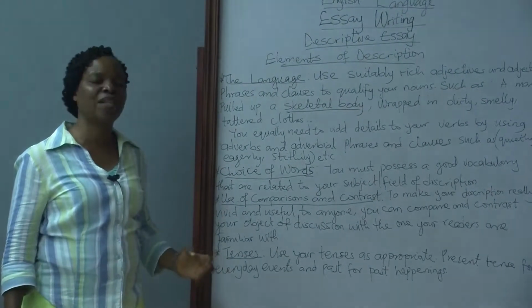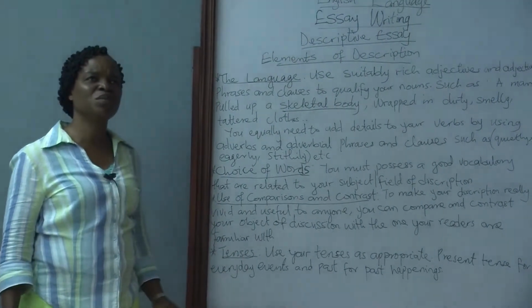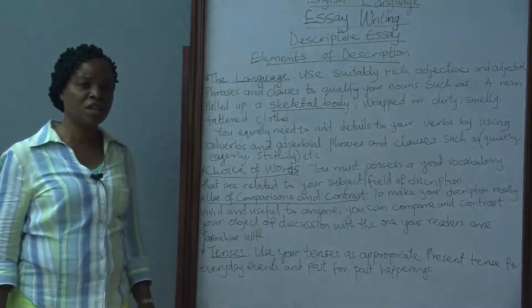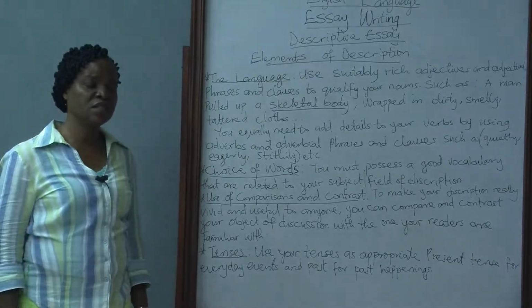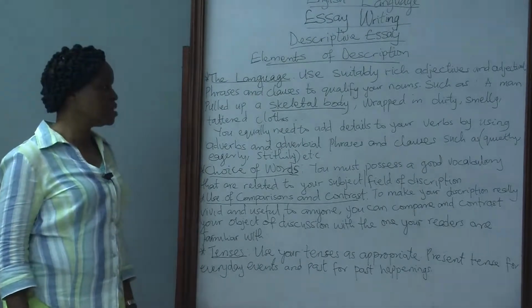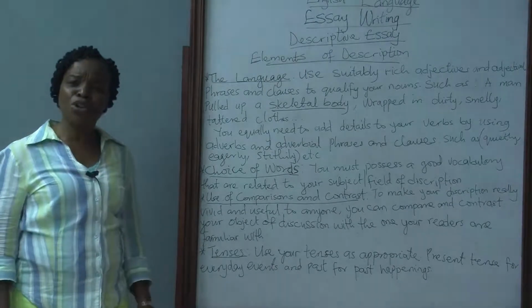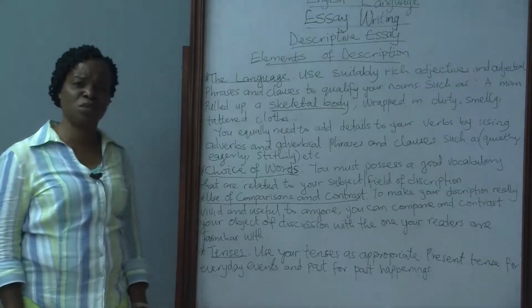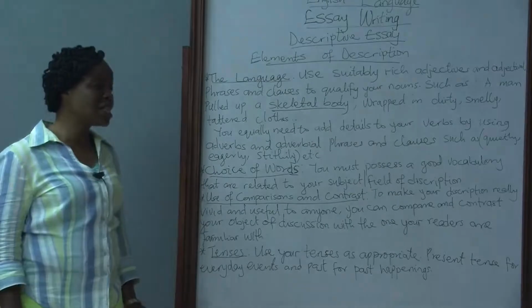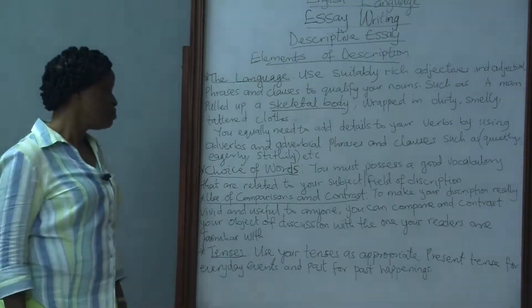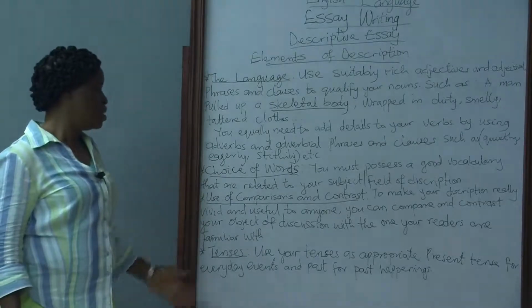They can visualize it. When you see, oh, somebody pulled up looking skeletal, that means the person is very lean, has lost all the weight. The person wrapped in dirty clothes shows how dirty and smelly. You just get it at that description. You don't need to ask further questions. And the same with verbs.